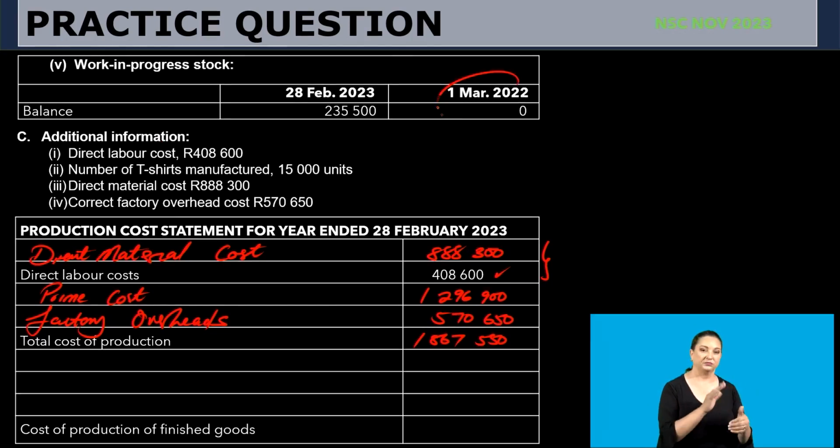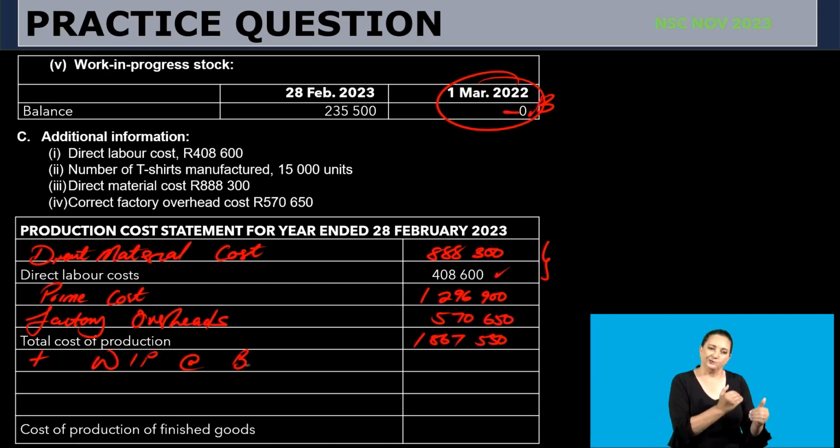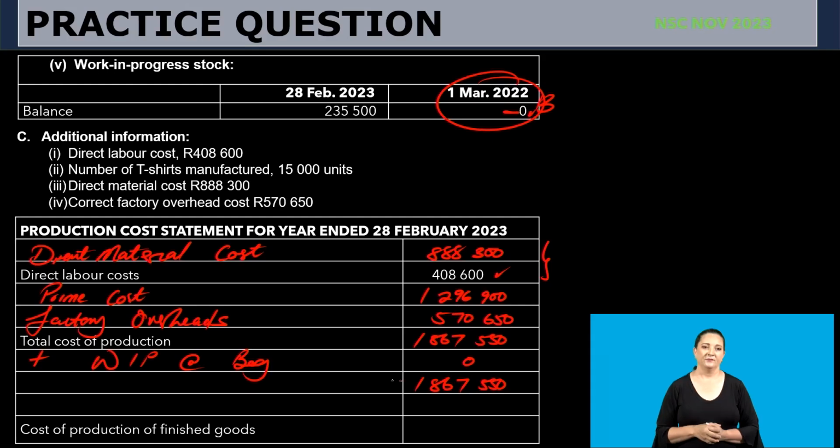Okay. Now I'll come and then I'll add in my work in process. So my work in process at the beginning was not given. Okay. We're given 0 actually. It is given, which is 0. So I'll come in then I'll say plus work in process at the beginning. My work in process at the beginning is 0 rands. So I would then have 1,867,550. And then I will subtract my work in process at the end.